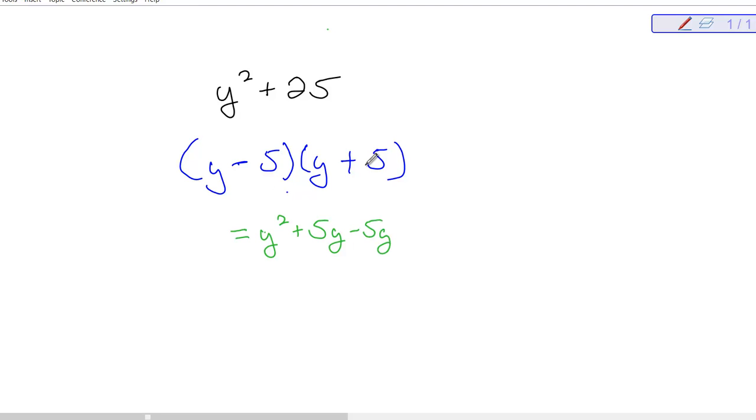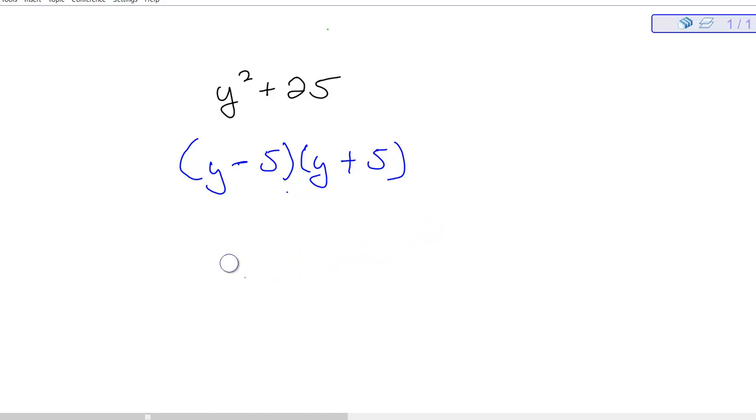And a negative 5 times a positive 5 gives me a negative 25. So that would actually give me y squared minus 25. This is not the same as what I started with. So I've got something wrong here. So let's get rid of this, because that's not going to work.